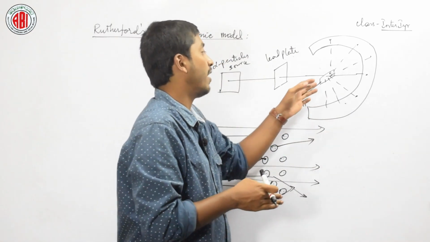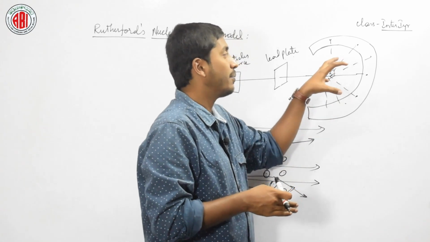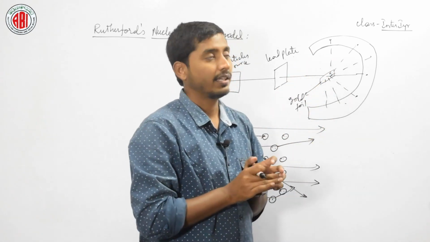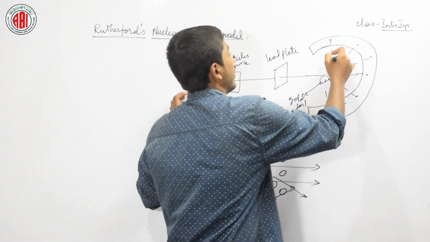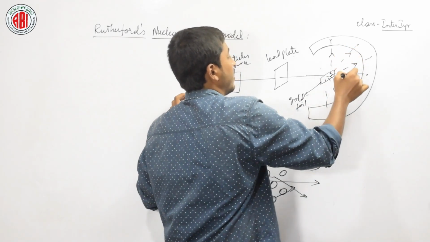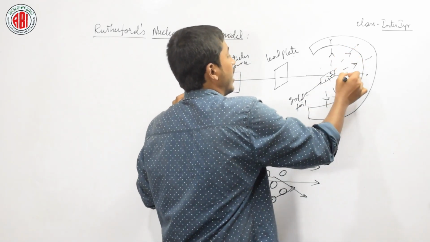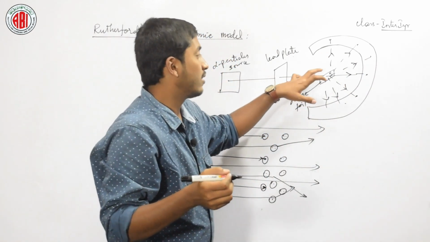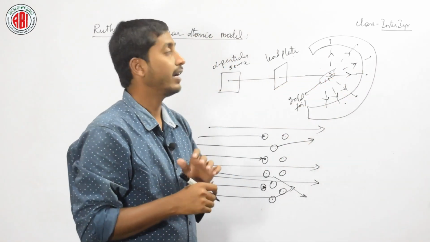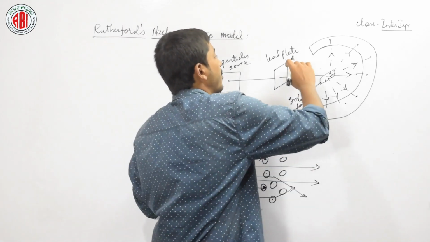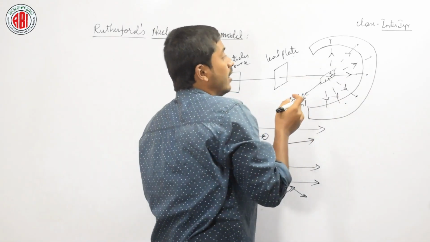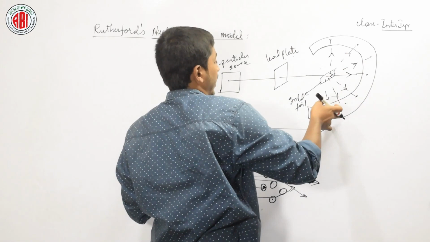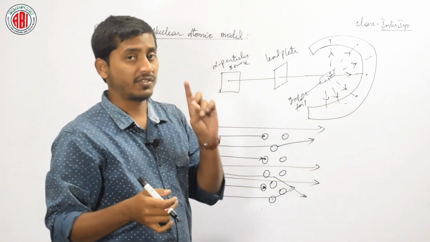After getting incident on this gold foil, what happens to these rays? We are seeing different kinds of rays. There is one ray moving this side, one ray this side, and one ray again passing through the gold foil. Then he made a setup of a photographic plate. What kind of photographic plate did we discuss there?